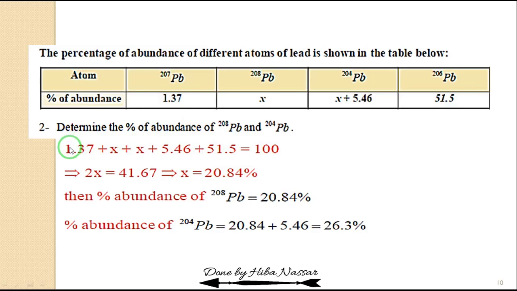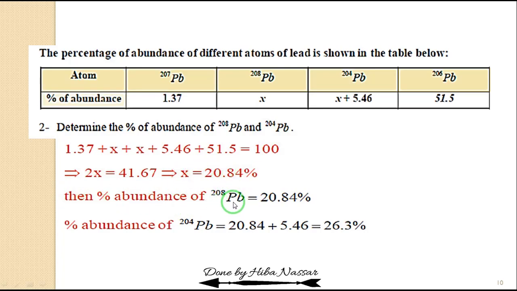So we can say that 1.37, which is the percentage abundance for the first isotope with the mass number 207, plus X plus 5.46 plus the percentage abundance for the last one, 51.5, all of them are equal to 100 since they are percentages. So by calculating X, you will find that X equals 20.84%.